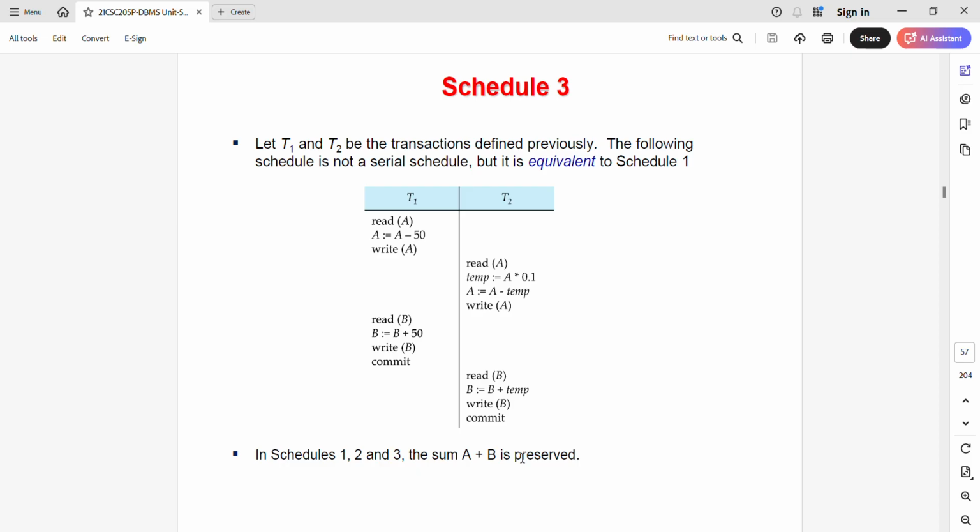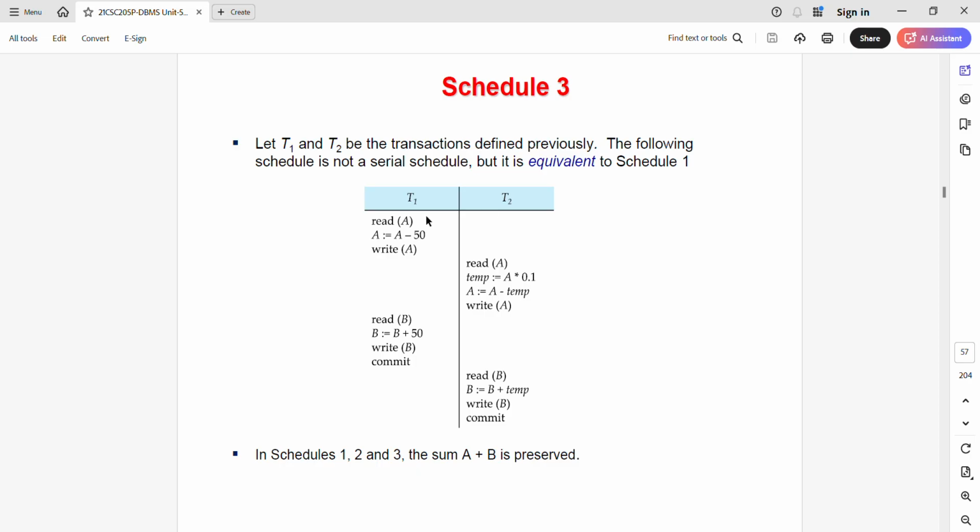And schedule 3: let T1 and T2 be the transactions defined previously. The following schedule is not a serial schedule but is equivalent to a serial schedule. Between T1 and T2, there are 7 statements.